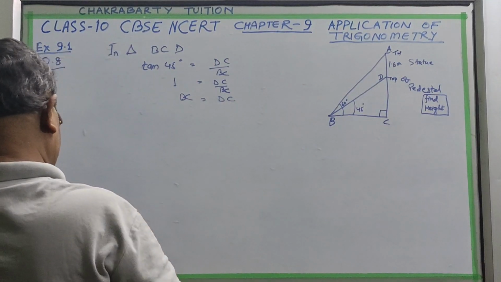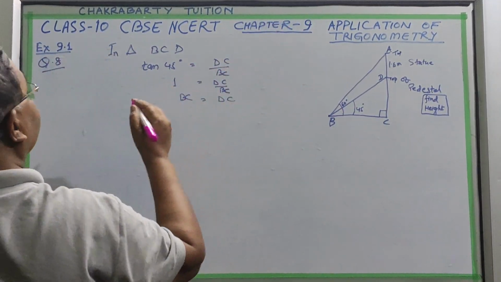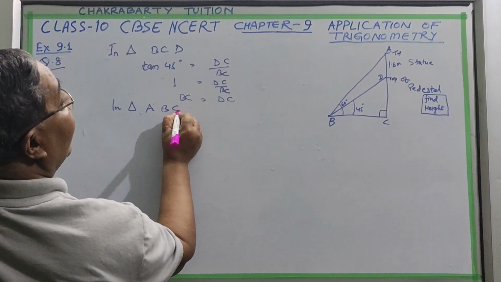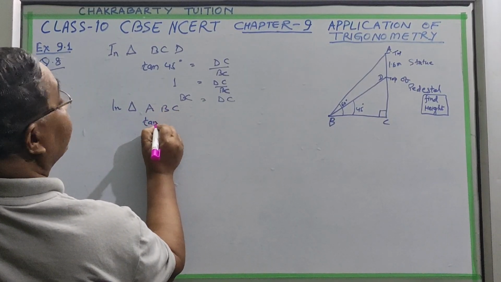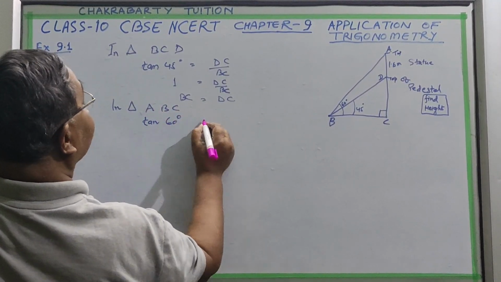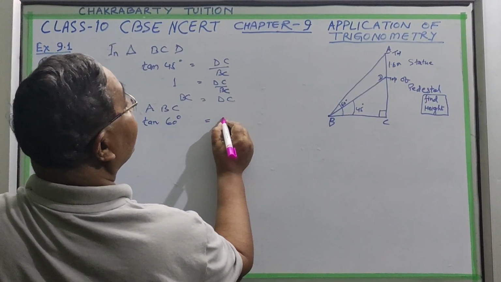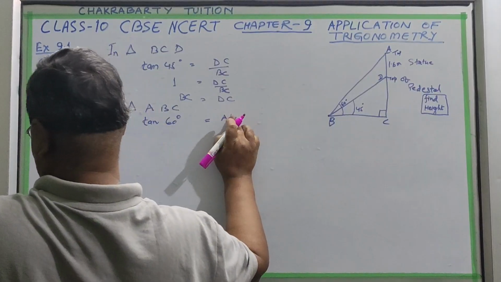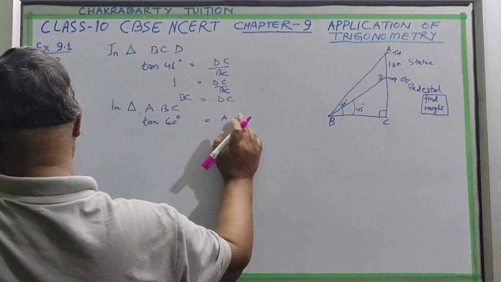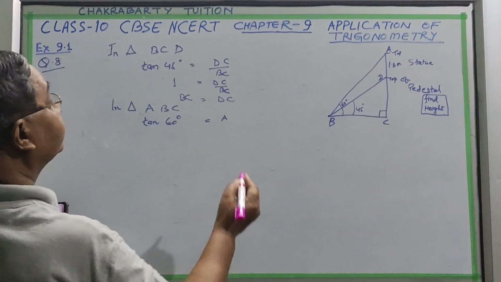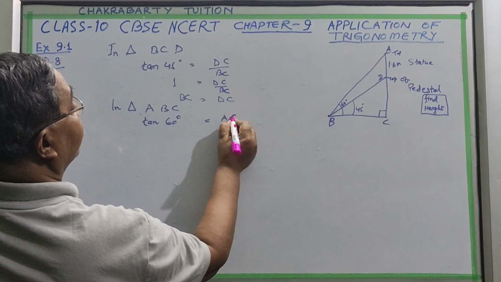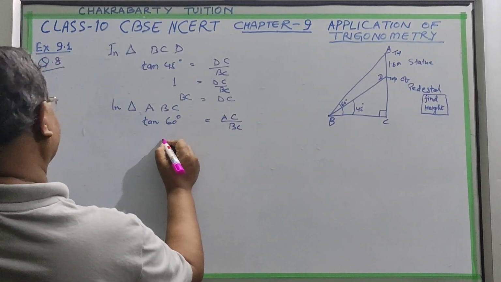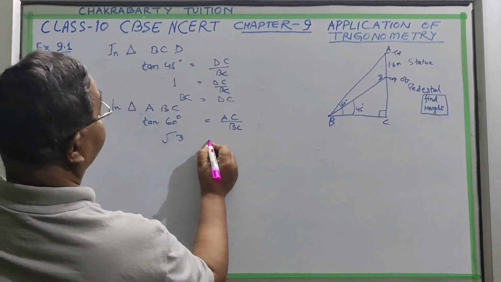Now, in another triangle we will go. In triangle ABC, now we will take tan 60 degrees. Tan 60 will be AC upon BC, and tan 60 is equal to under root 3.